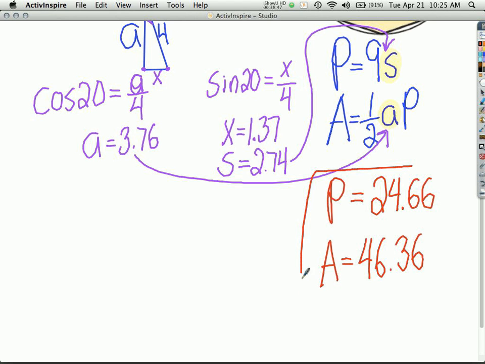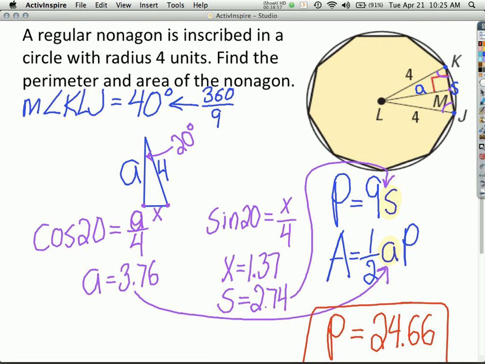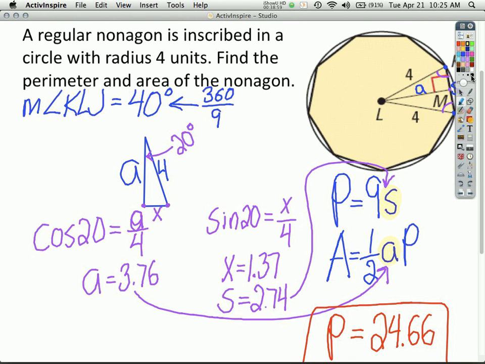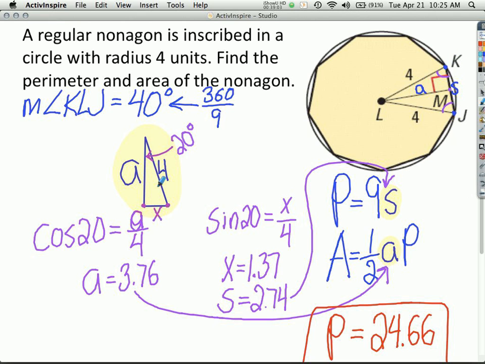Anyone have any issues, any concerns about how we arrived at these answers? Any concerns or questions? So I did this on purpose over here because I was trying to help you see that finding the area of a regular polygon is the same thing as finding the area of a triangle and just multiplying it by how many triangles there are.